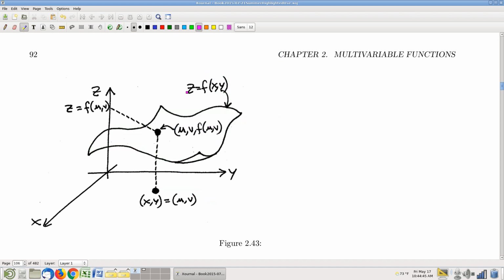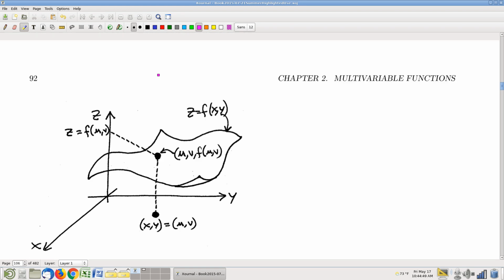So now here's a variation of this. When we say this was a graph, yes, this is a graph, and that's what a graph looks like. Let me refine that statement. How about if I were to call this a rectangular graph? It's a rectangular graph in the sense that one of the rectangular coordinates is a function of the other two rectangular coordinates.